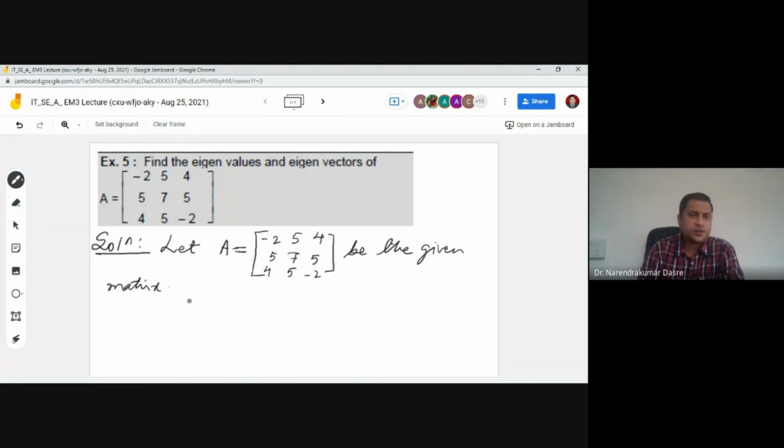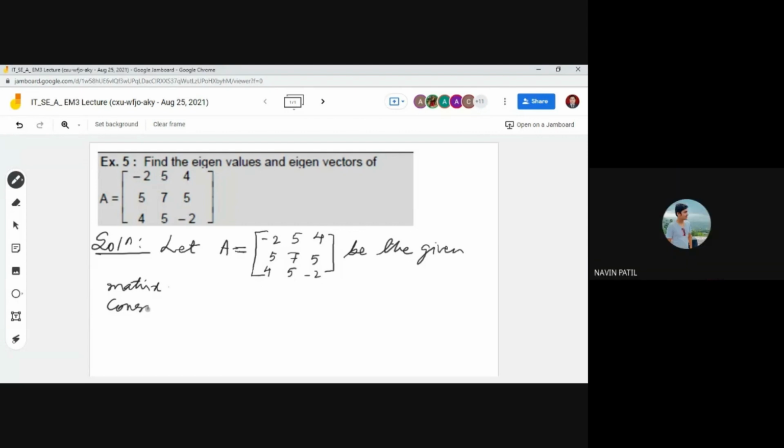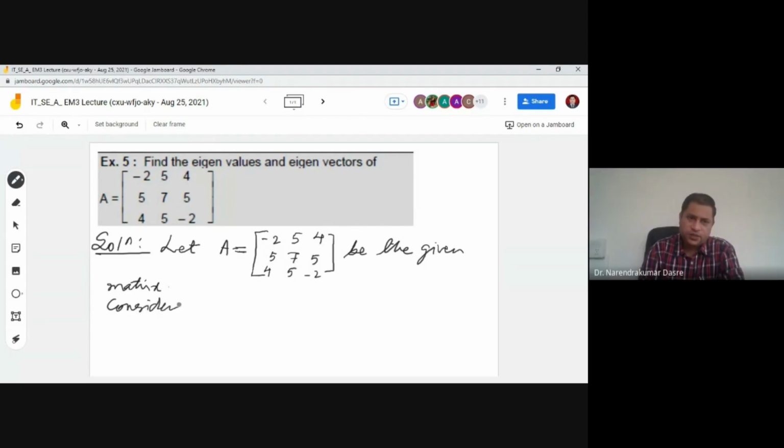So what is the first step that we do? Find the determinant. So consider the determinant of A: -2, 5, 4, 5, 4, 7, 5, 5, -2. We have to find the determinant of this.